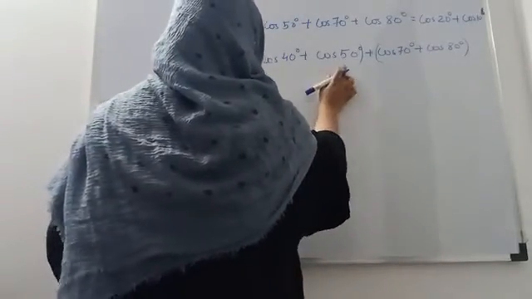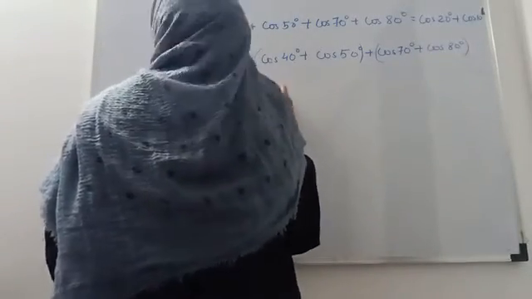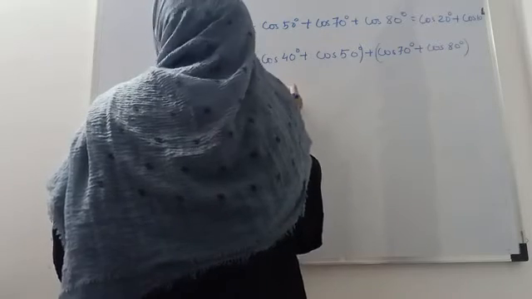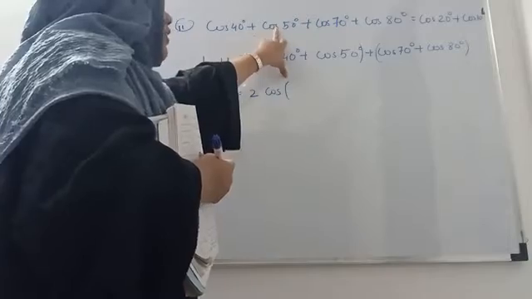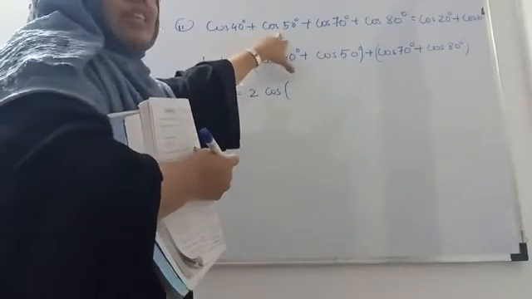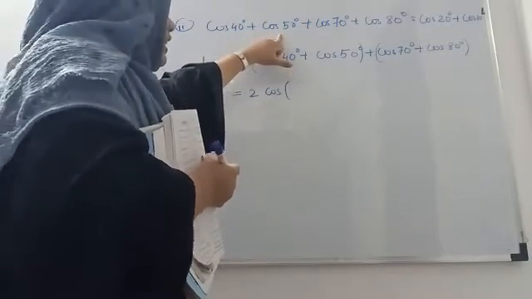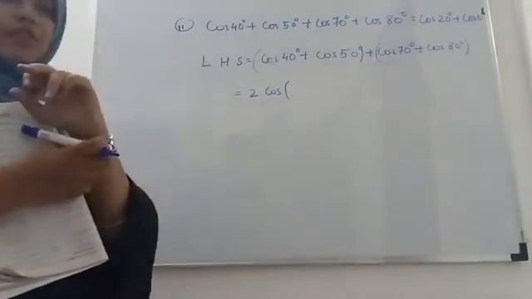What is the formula for cos C plus cos D? It is 2 times cos of (C plus D) upon 2 into cos of (C minus D) upon 2. Here 40 and 50 are given, and their sum is 90, and 70 and 80 are given, and their sum is 150.